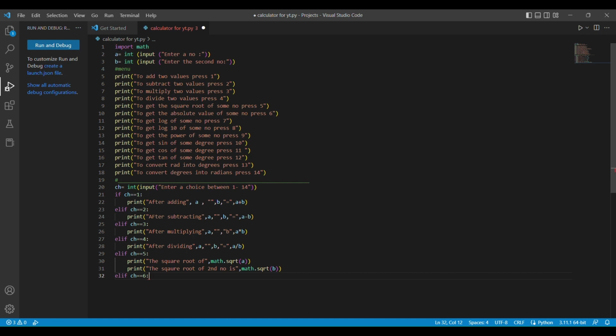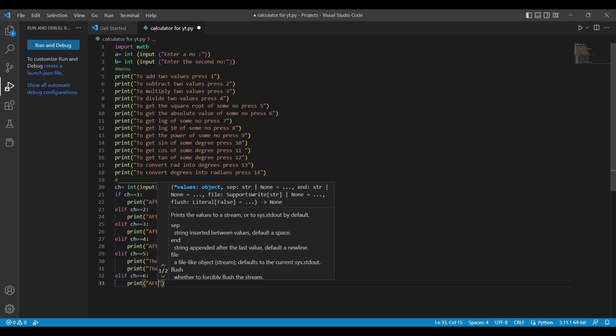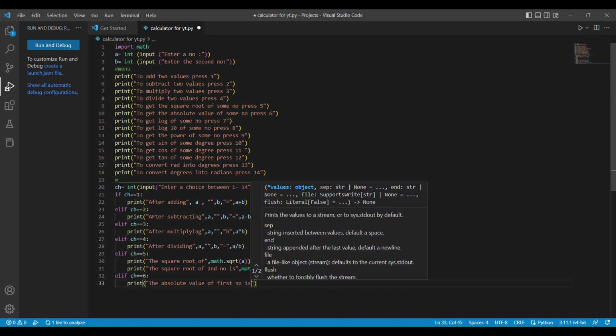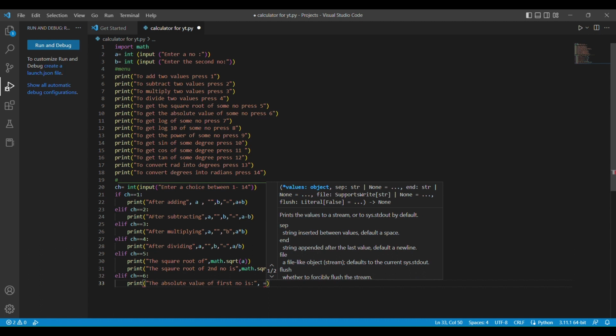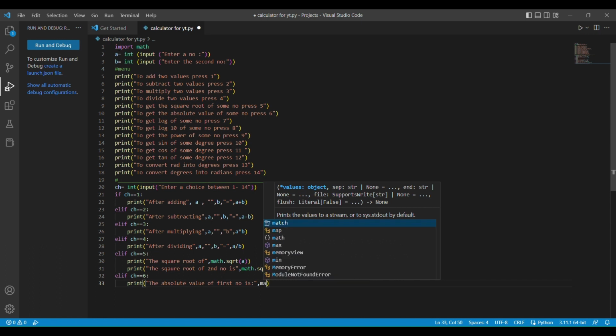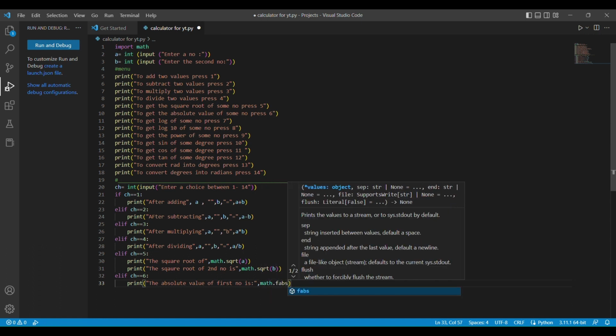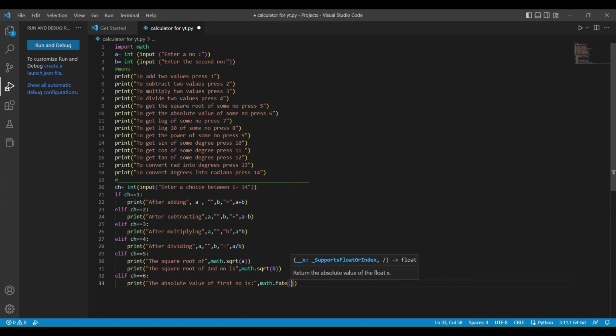At 6 we have to get the absolute value. So the absolute value of first number is, we are trying to make it more comfortable for the user so that he could get all the information from it. So let's give it the fabs command and a.